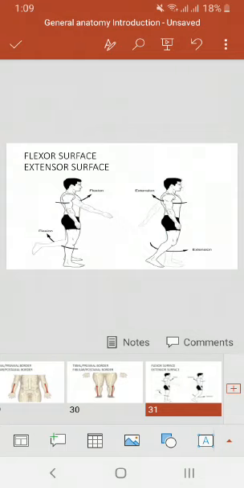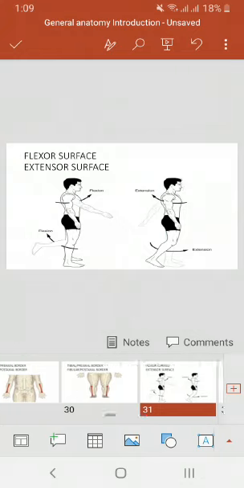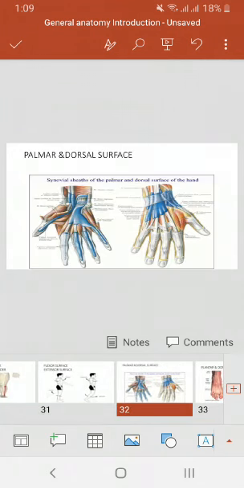The flexor surface is the anterior surface for the trunk and the upper limbs, but in case of lower limbs, the flexor surface is the posterior surface of the lower limbs, and this is due to the difference in rotation embryologically. And there is also the extensor surface. For the trunk and the upper limb, the extensor surface is the posterior surface. But for the lower limbs, the extensor surface is the anterior surface.